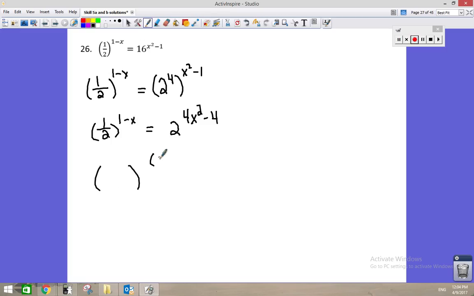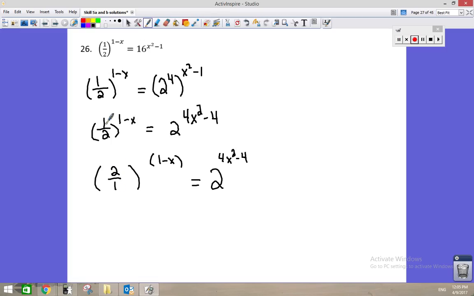Right now, on the left-hand side, I have a 1/2. But on the right-hand side, the base is 2. If I just had a way of taking the reciprocal of this 1/2 and making this 2 over 1, hey, 2 over 1 is 2, and I'd have the same base.